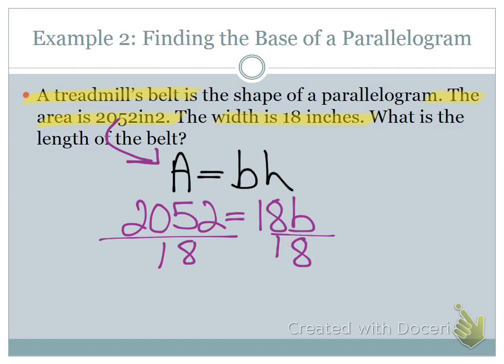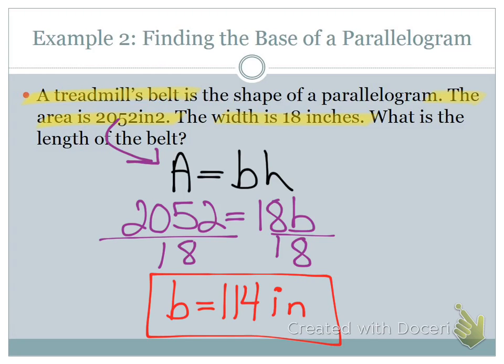And that'll give you a base value of what? 114 inches. All right, so really what I want you to take from this example is whenever you're finding an unknown base or height, you have to plug in the area for A and then you solve for B or H.